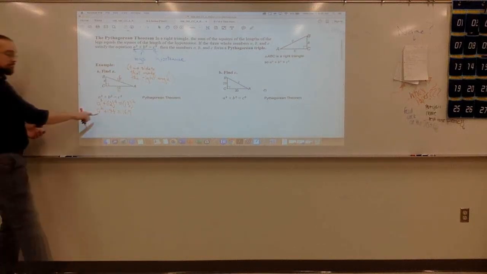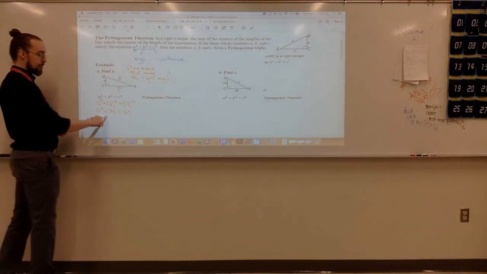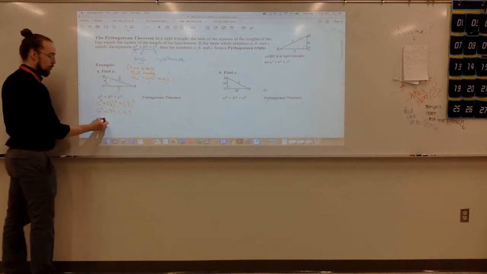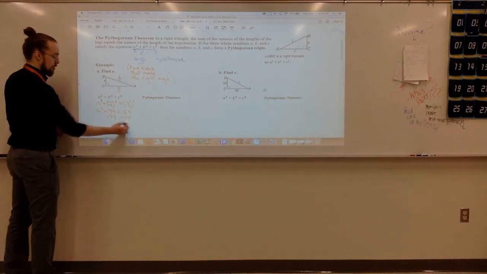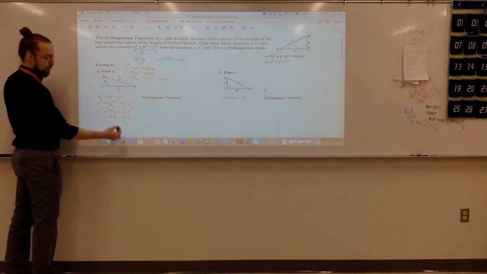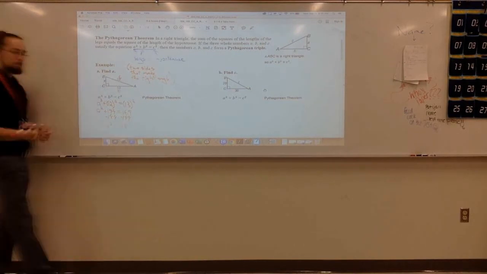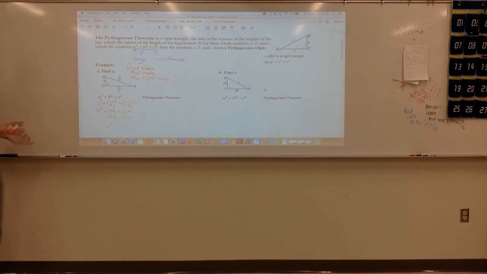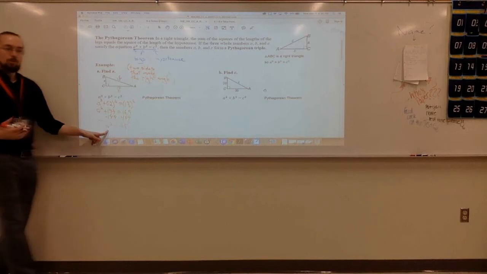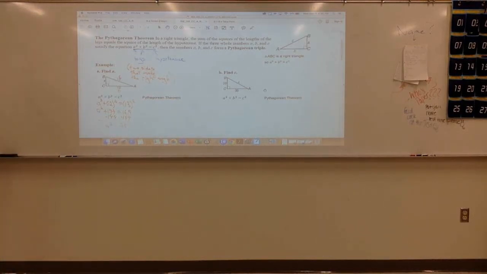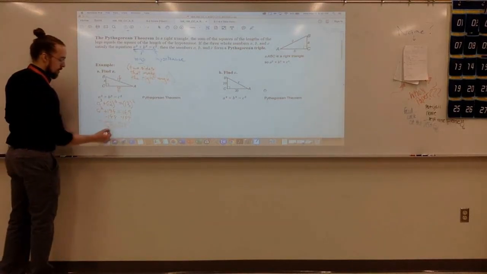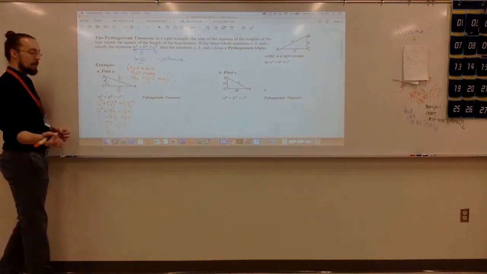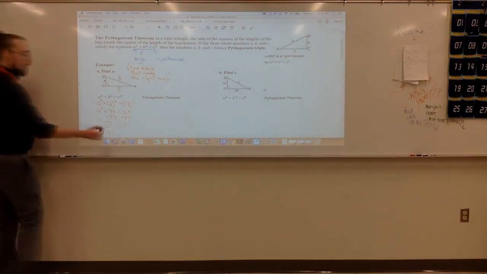Now, to get A squared by itself, I subtract 144 over here. So we get A squared equals 25. I still have one more step. How would I get A by itself? How would I undo this square? Square root. So take the square root of both sides. What is the square root of 25? 5.